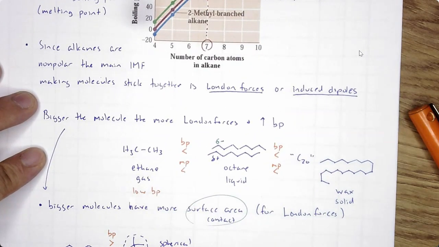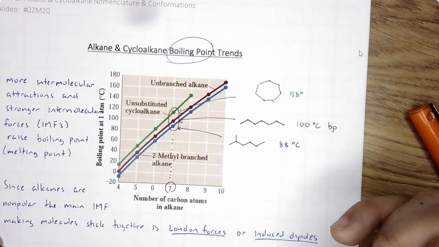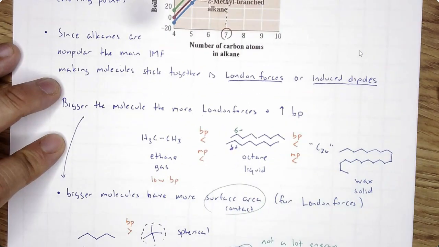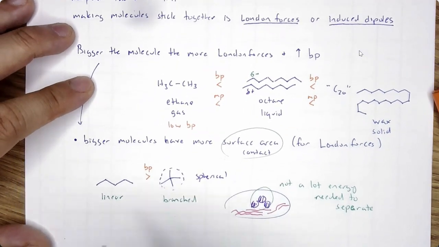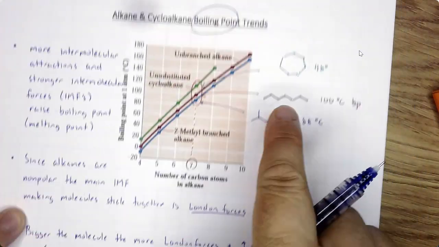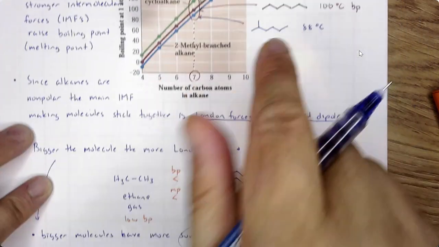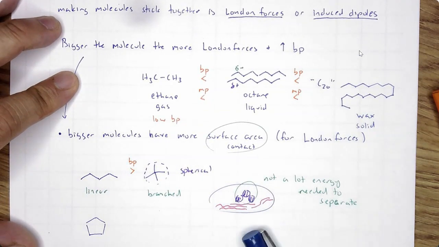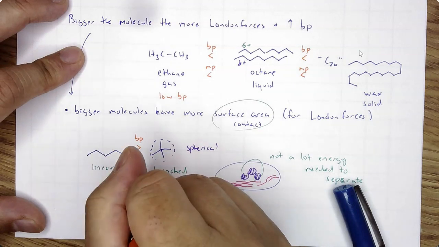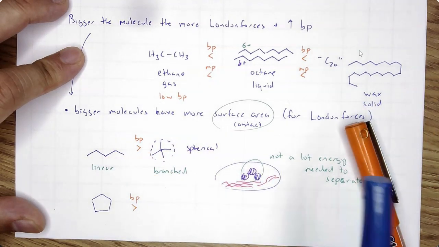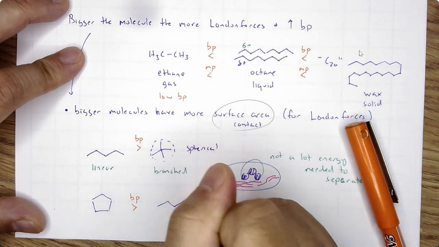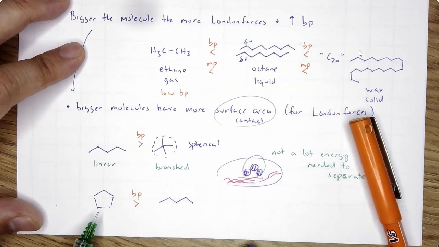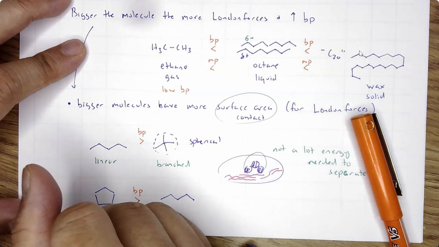Okay. Now, what about this trend? Okay, same number of carbons, but now we have cyclic. Well, this trend tells me the cyclic is going to win the higher boiling point. So let's stick with 5 carbons still. And we have the pentagon has a higher boiling point than the linear. The way I like to think about this is I like to think about these cyclic molecules as dinner plates.